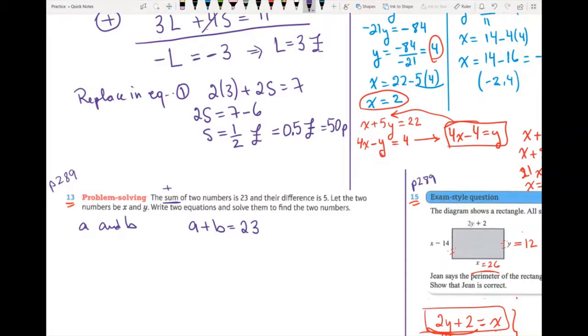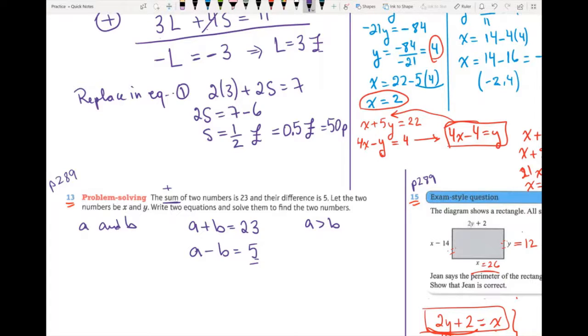Then they said that the difference of these two numbers is 5. So A minus B equals 5, given that A is greater than B, so that we would have a positive answer, which is 5.